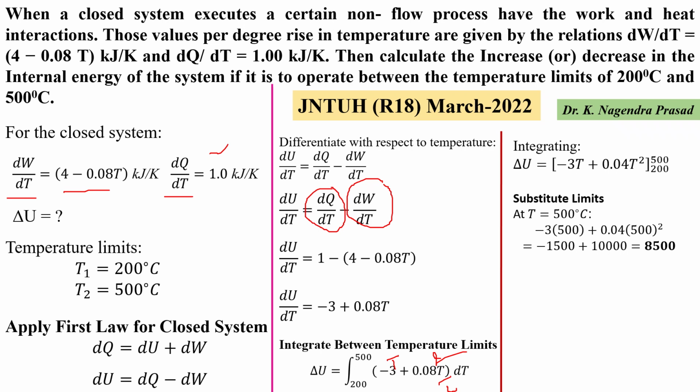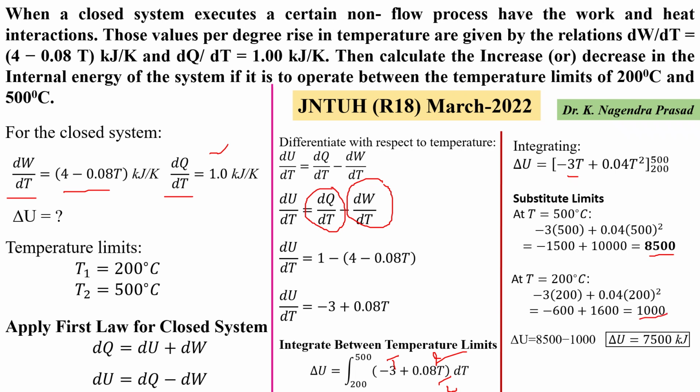Then substitute the limits. First, when T equals 500, it becomes minus 3 into 500 plus 0.04 into 500 squared, which is 8500. Similarly, at T equal to 200 degrees Celsius, it becomes 1000.